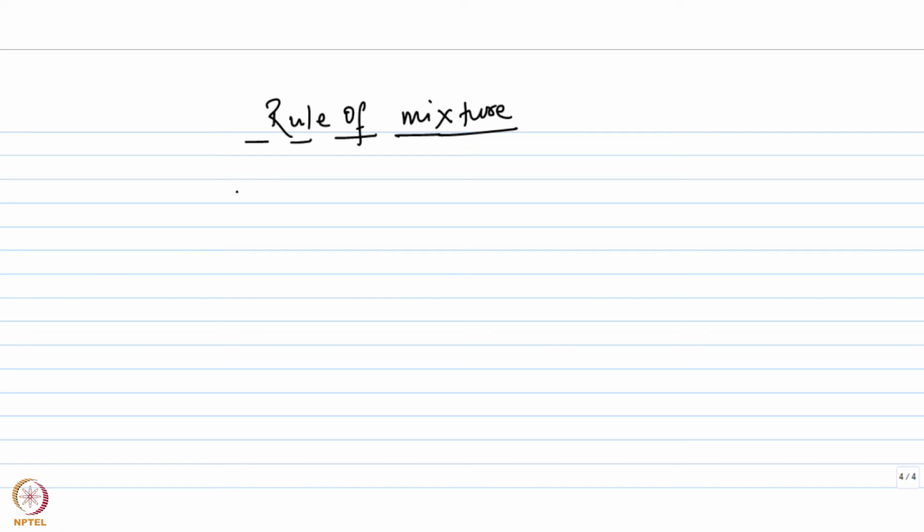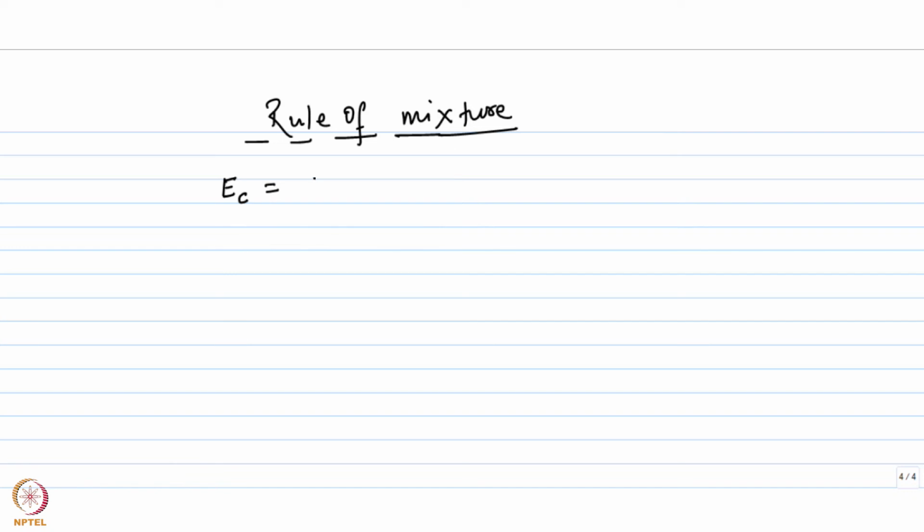So in a composite material, let's say you talk about any property such as the elastic modulus, that will be a weighted average of the elastic modulus of the matrix and the reinforcement.